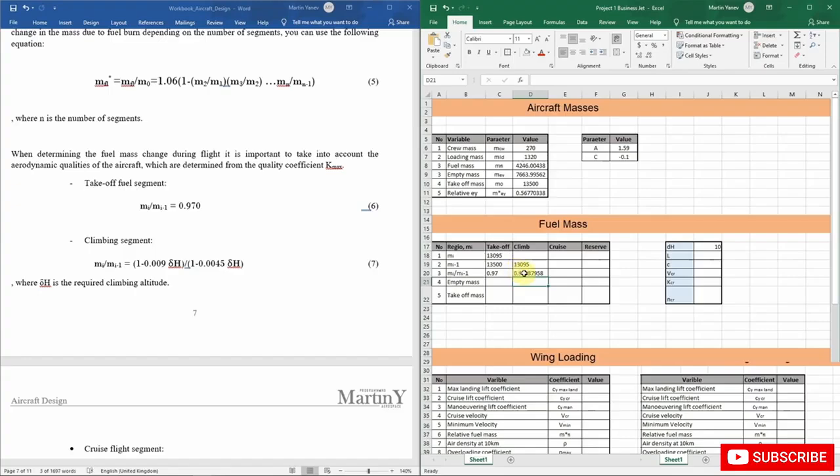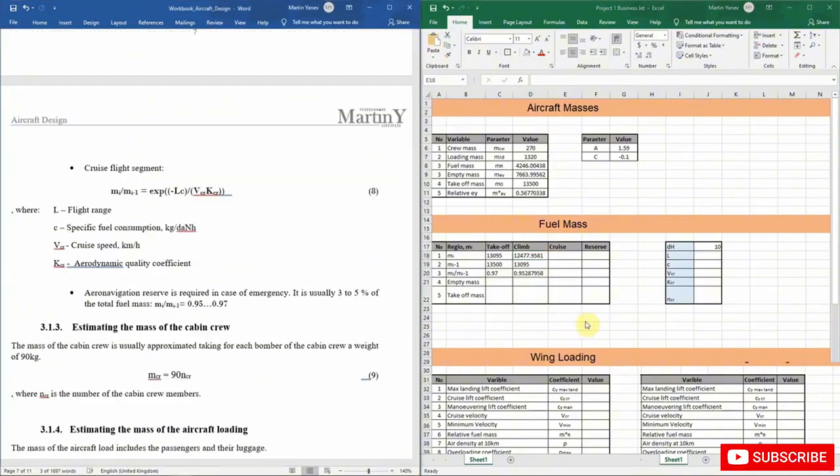So we're getting this number that during the climb stage we're going to reduce the weight by 0.9528 and so on. So finally, the weight of the aircraft after the climbing segment will be equal to 13,095 multiplied by the climbing coefficient for the fuel burn. And then we're getting that after the climbing segment, we're going to have a mass of the aircraft equal to 12,477 kilograms.